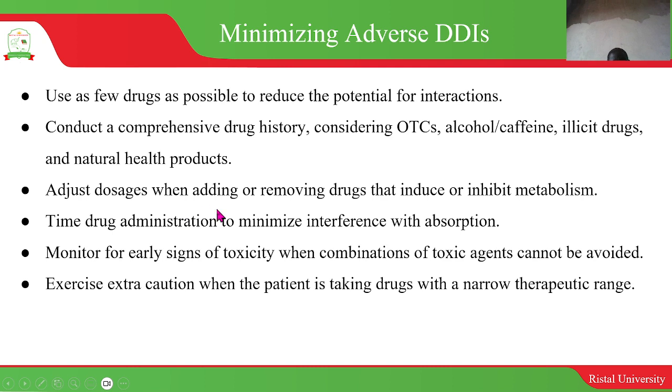We can adjust the dosages when adding or removing drugs that induce or inhibit metabolism. We can also look at the timing, timing the drug administration to minimize interference with absorption. We also monitor for early signs of toxicity when toxic agents are used in combination, so that it can be avoided.